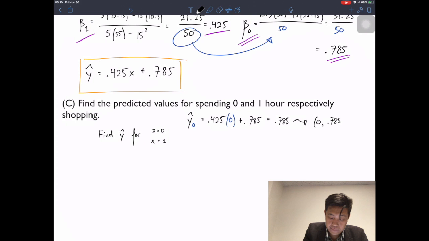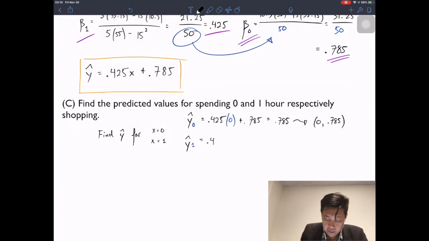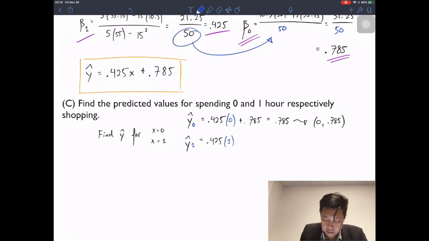So there's that. And then y hat, but we're going to plug in a 1 this time. We're going to have 0.425 with a 1 plus 0.785 equals 1.57.